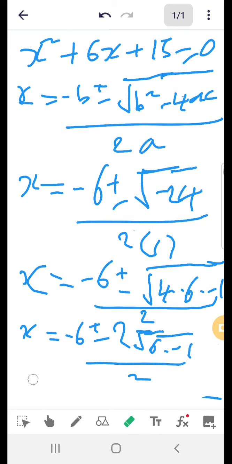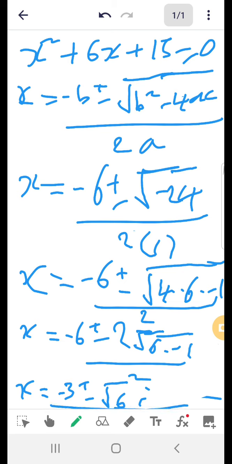We can say x is equal to, 2 can basically divide everything now. 2 into this gives negative 3 plus or minus, 2 into this gives the square root of 6. Then this negative 1, you deal with it as an imaginary number, because you cannot have a negative in the square root. So this is an imaginary number, and your answer is going to be just like this.